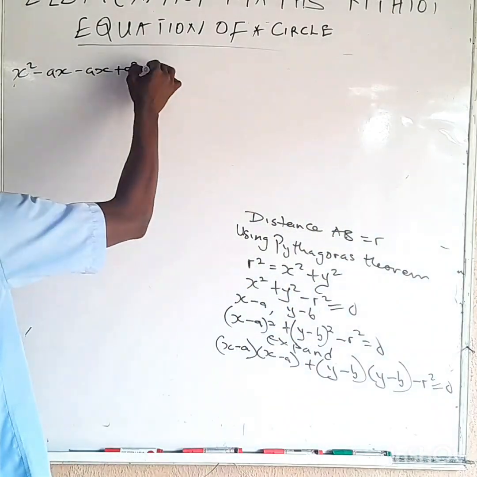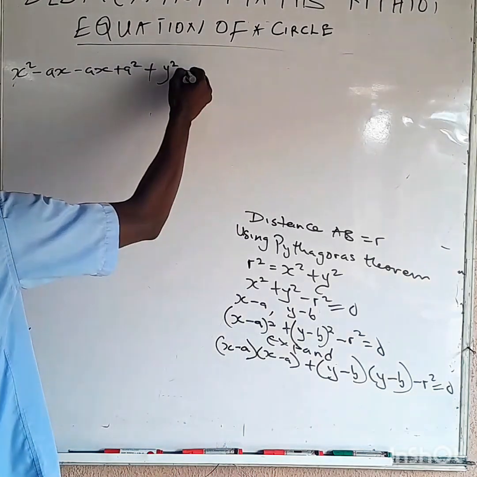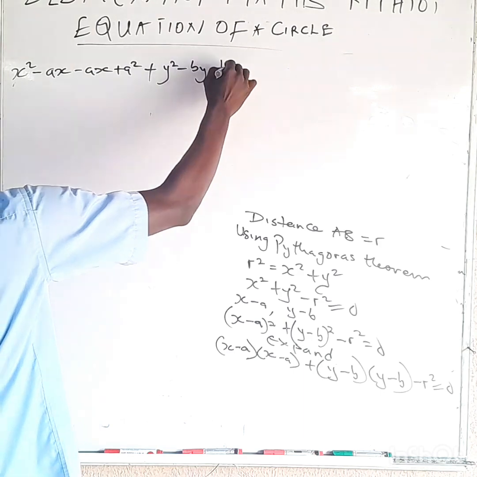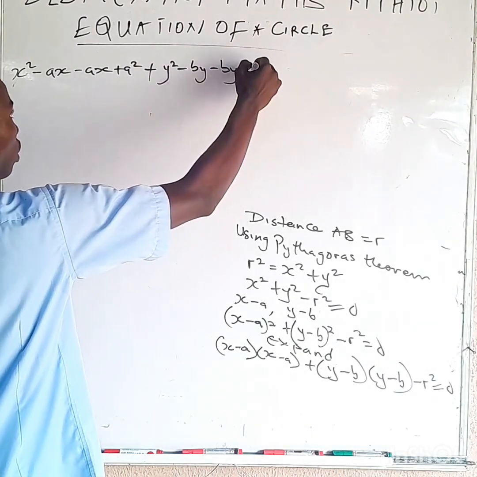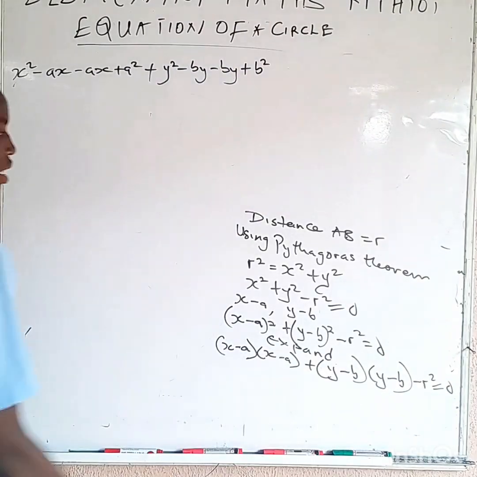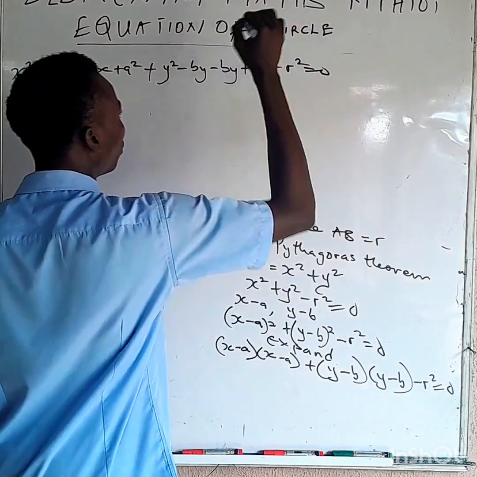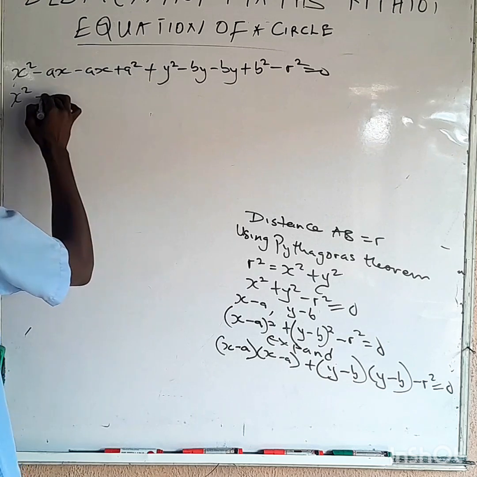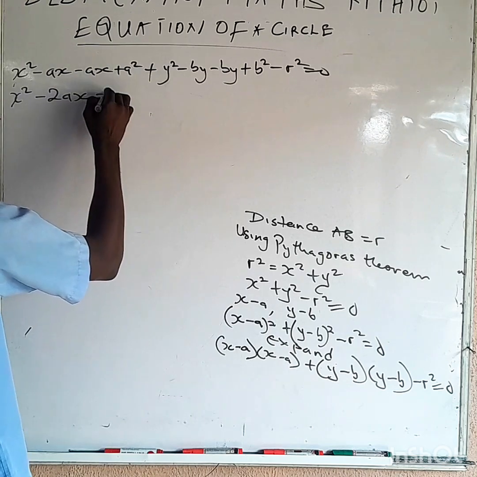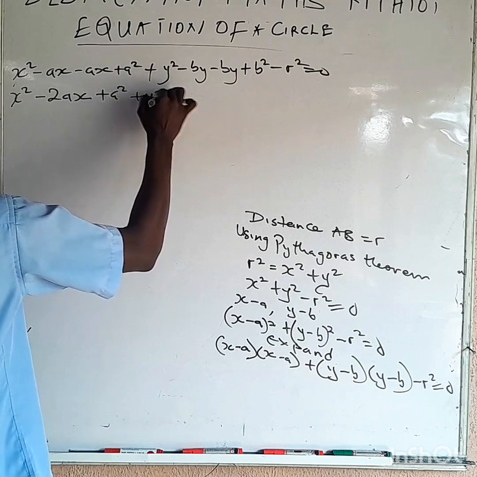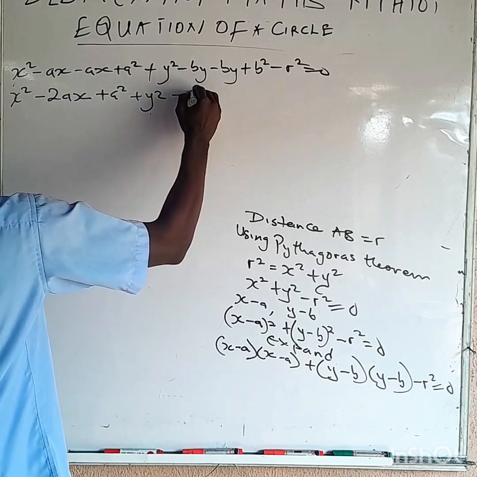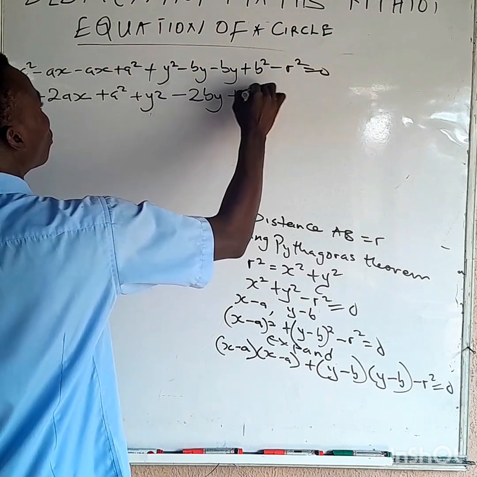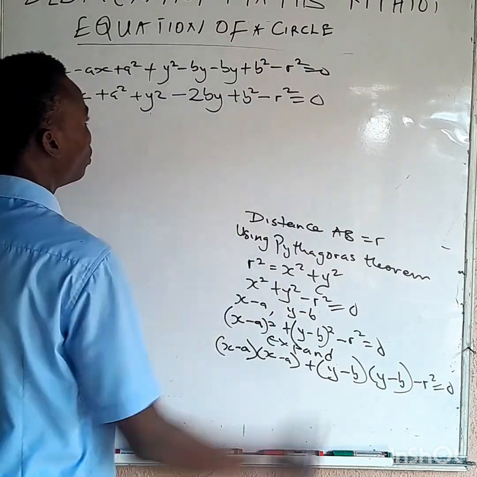The next one is plus y squared, followed by minus by, followed by another minus by, followed by plus b squared, followed by minus r squared equals 0. You proceed. So here you are going to have x squared. Everything here will give you minus 2ax plus a squared, then plus y squared. Everything here will give you minus 2by, followed by plus b squared minus r squared equals 0.